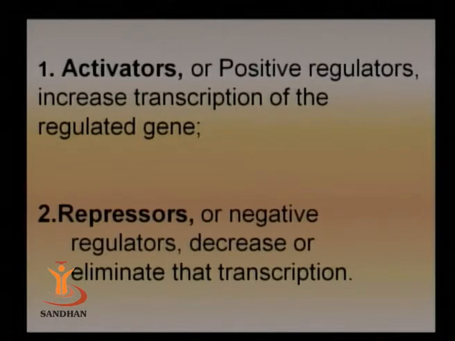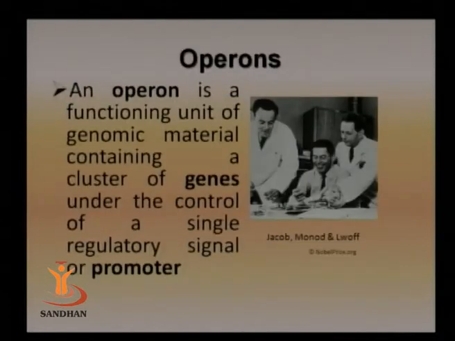In the next slide, we can see a very simple definition of operon, that is, what is an operon. An operon is a functional unit of genomic material containing a cluster of genes under the control of a single regulatory signal or promoter. In other words, it is a complete cluster of genes.